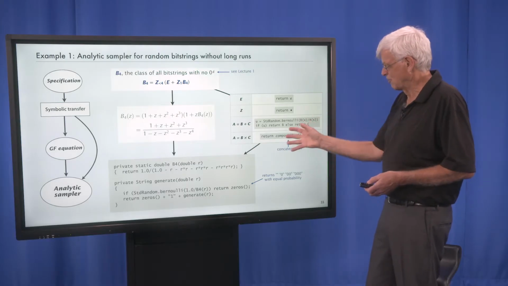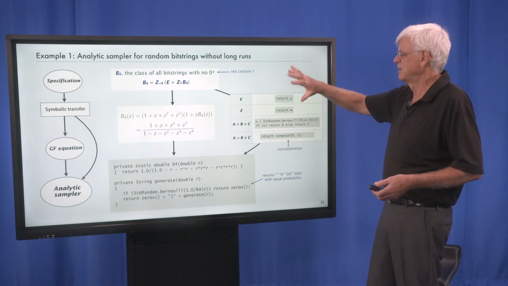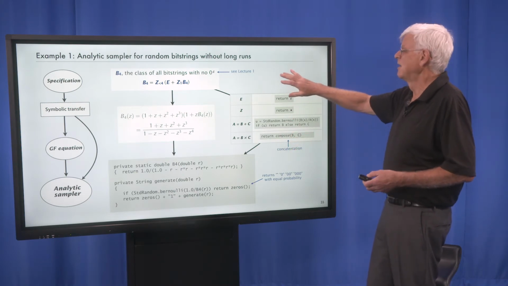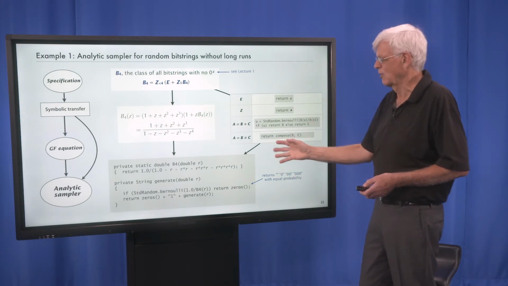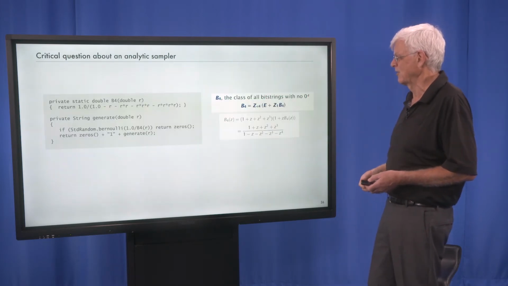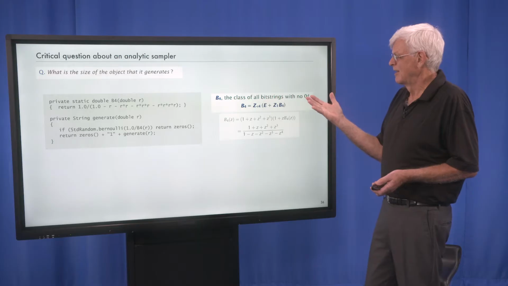Simple recursive program. We're going to have to look some at its properties, but one can see how from a spec we're going to pretty automatically get a program. And we'll look at another example. But the critical question about a sampler of this sort is, what size object does it generate?